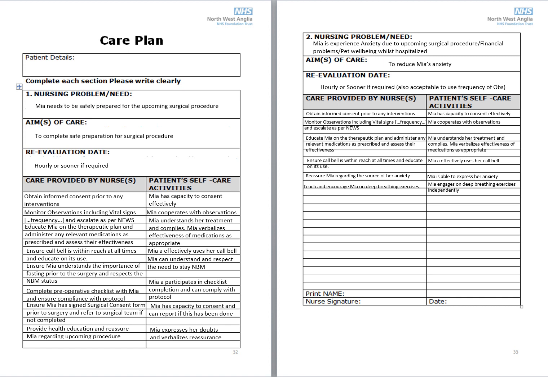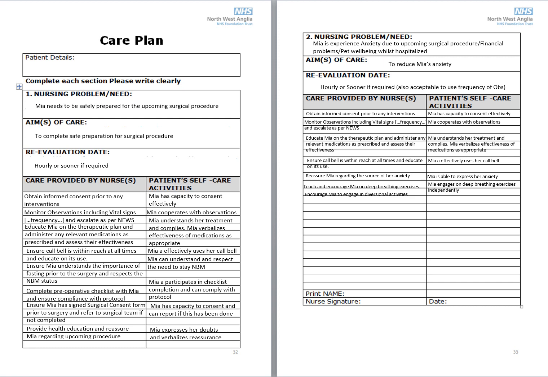If she wasn't, then I would say something like Mia engages on deep breathing exercises with mild or moderate assistance or requires full assistance. Encourage Mia to engage in diversional activities. Now note the verb that I've used, encourage.